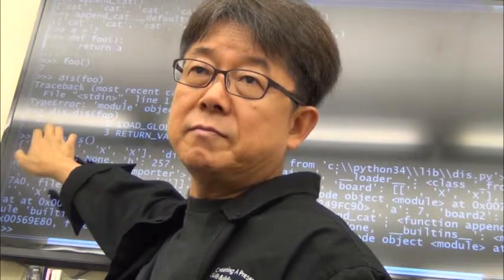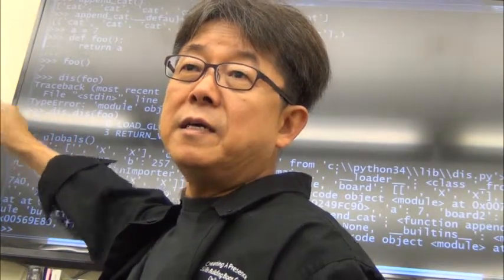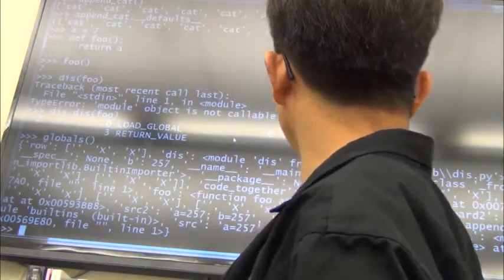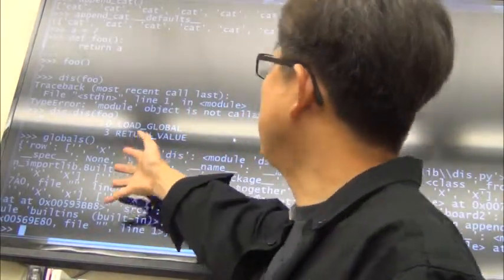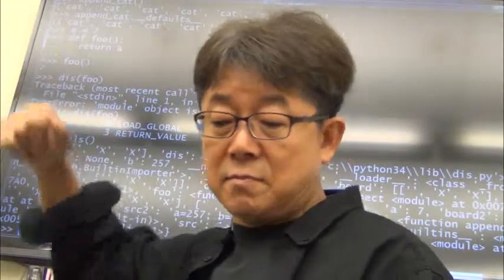Globals is a function. It gives you global variables. So if you see the global variables, all of this is available.